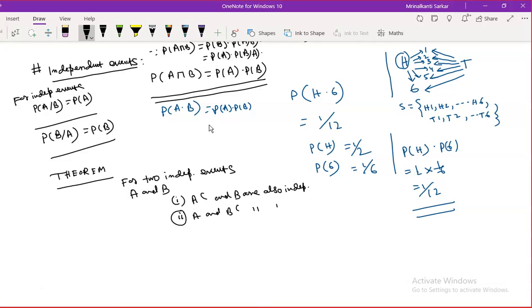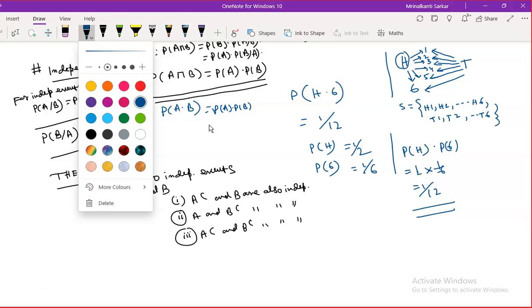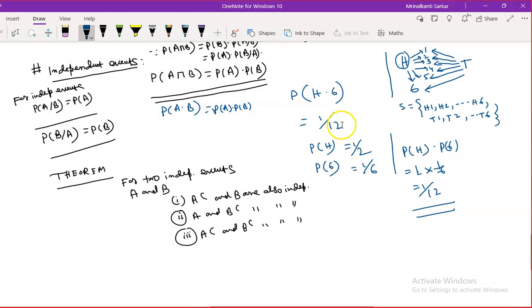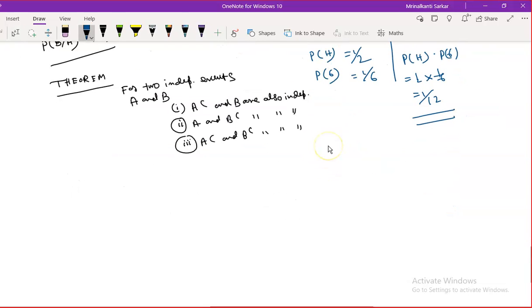A and B complement are also independent. A complement and B complement are also independent. This proof may come in your exam, so be careful, you must learn the proof properly. I'll give you the proof of number 1. The rest two you will try at home.